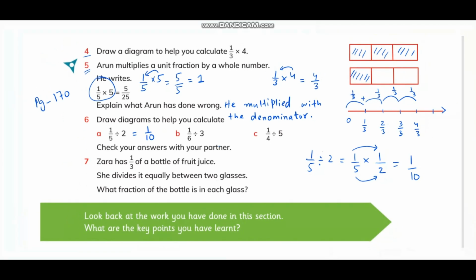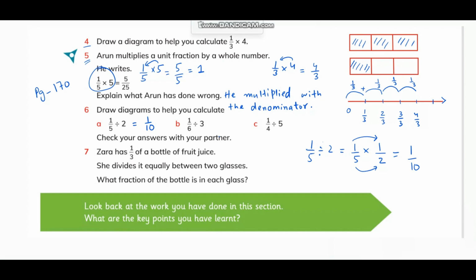Let me find the space to write the next question. Okay, I am going to solve this one now, 1 by 6 divided by 3. This is question number A. Now I'm going to solve question number B. Question number B is 1 by 6 divided by 3. Put equal here. Now we will write 1 by 6 as it is, and we will change this division sign into multiply, and then this 3 will become 1 by 3.